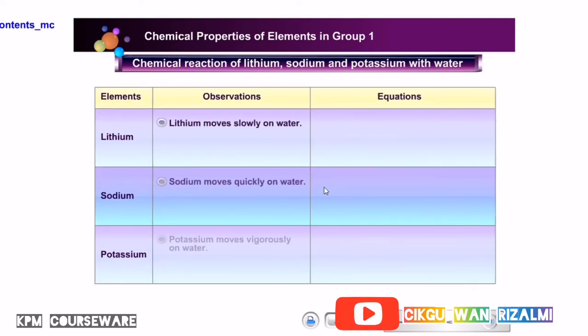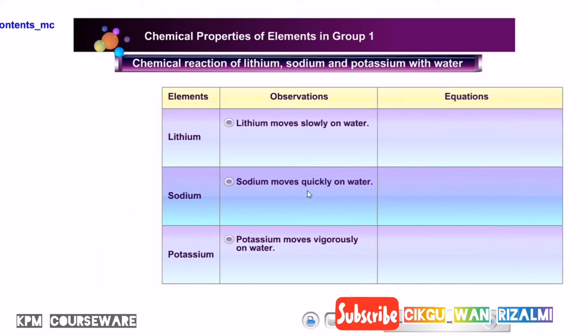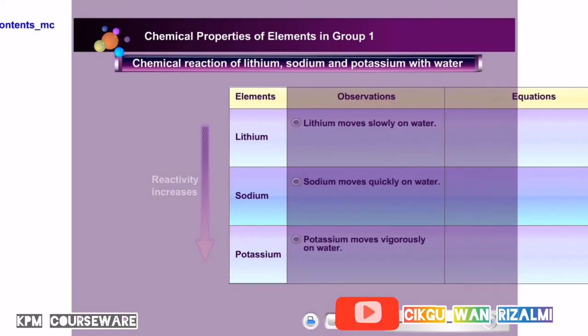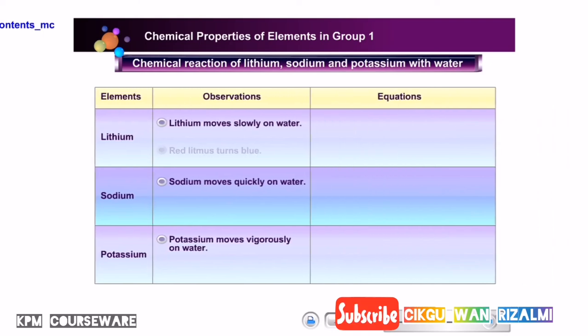How quickly the metals move on water also shows the reactivity of the metals. Therefore, the reactivity order of these metals is lithium, sodium, and then potassium. Meanwhile, lithium, sodium, and potassium turn red litmus paper blue. This indicates that lithium, sodium, and potassium produce an alkaline solution.